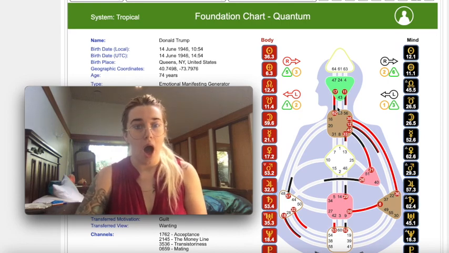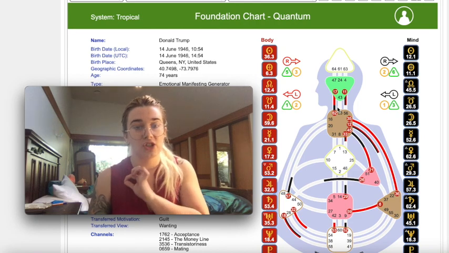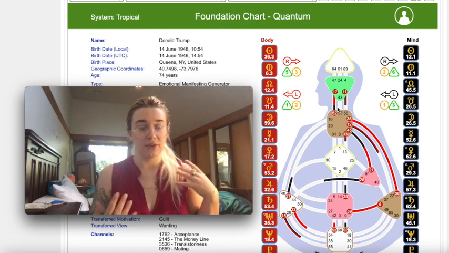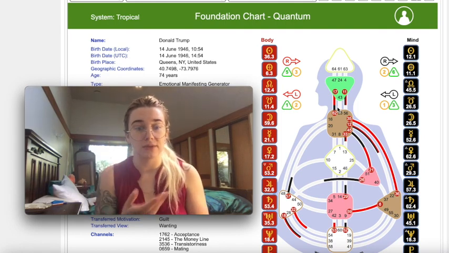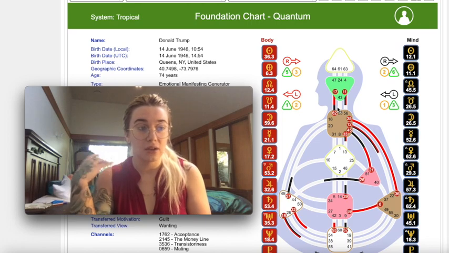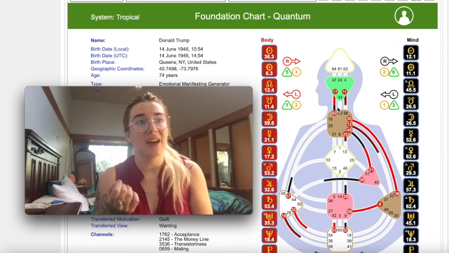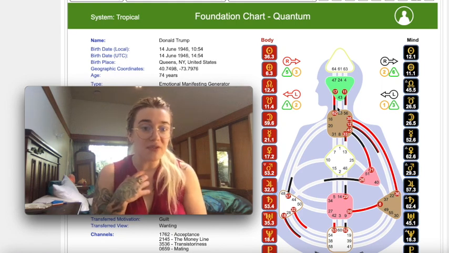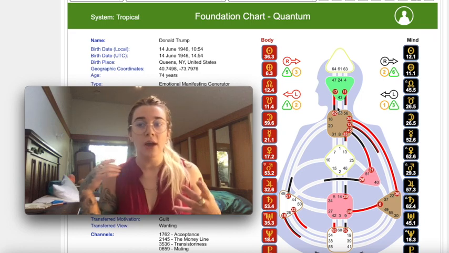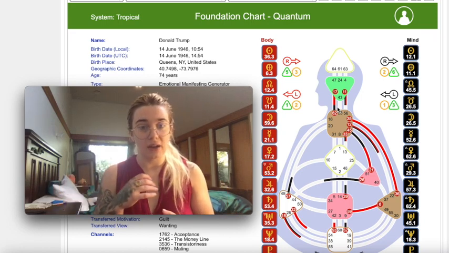Now, I'm a small split definition, which means there's just a couple of gates that I need to have a full channel definition. And I've looked at other people's charts a lot, and I've noticed that many of the people that I spend a lot of time with, or old partners, have the gates that I have been missing.